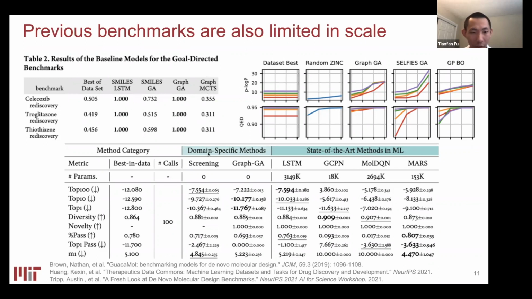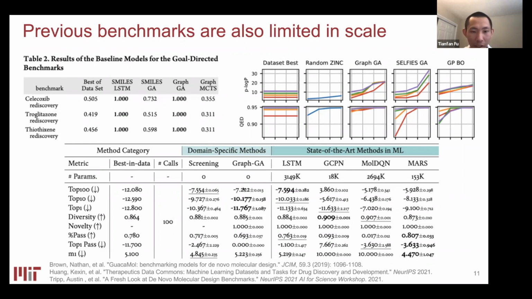In 2021, Therapeutics Data Commons was proposed, which consists of a molecular optimization benchmark that focuses on optimizing docking score. They include 6 methods, 2 are domain-specific methods, and 4 are state-of-the-art machine learning methods.